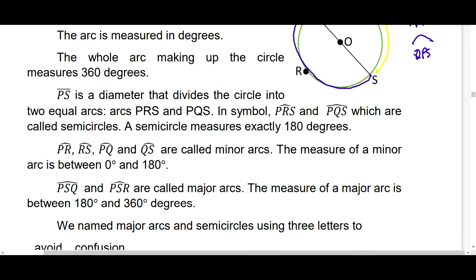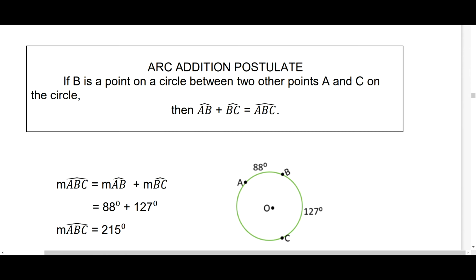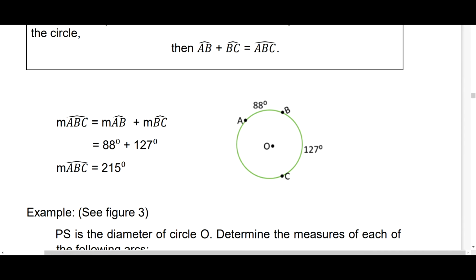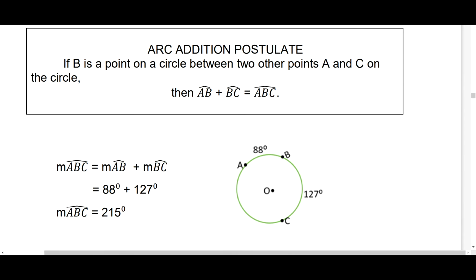Next, proceed tayo. So, arc addition postulate, you just have to add the two arcs to get the major arc. So for example here, arc AB plus arc BC is equal to arc ABC. Parang sa angle din yan, angle addition postulate, if you are familiar.